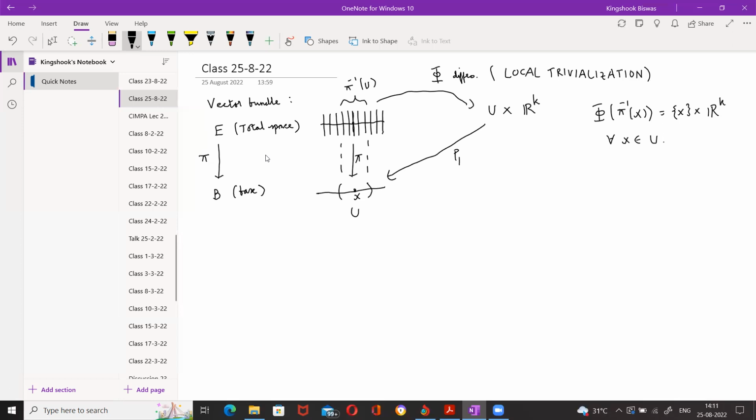So on the right-hand side, this singleton x cross R^k, I can identify with R^k itself, which is a vector space. So the vector space structure on R^k induces a vector space structure on pi inverse x. And what I want is that this vector space structure on the fiber, pi inverse x, is independent of the choice of local trivialization.